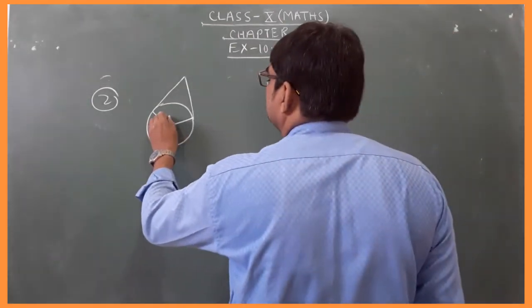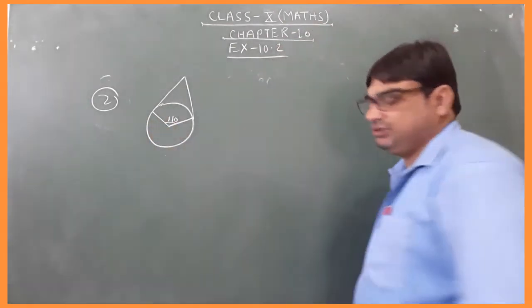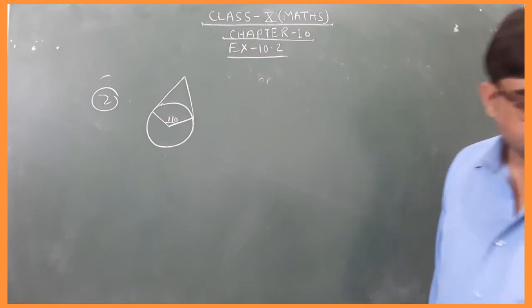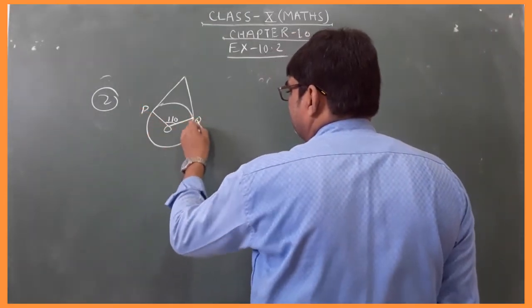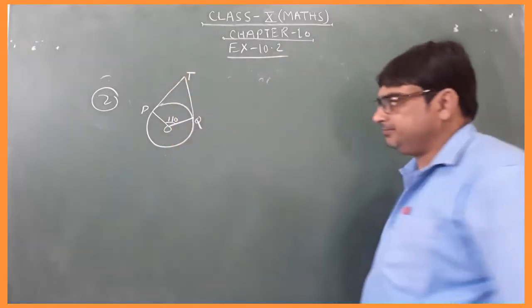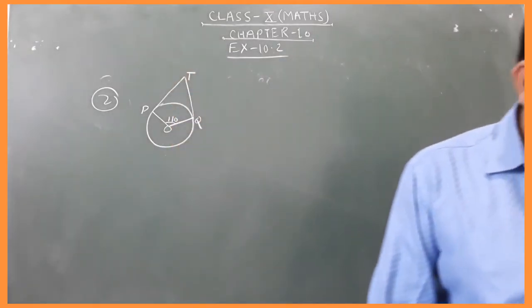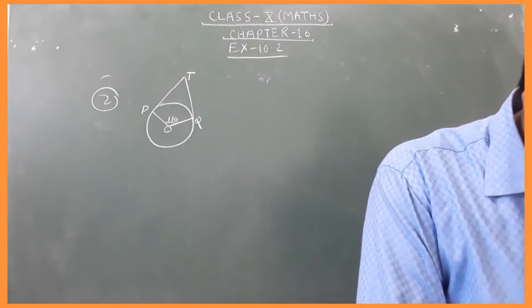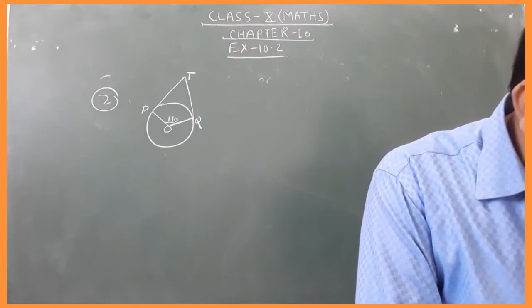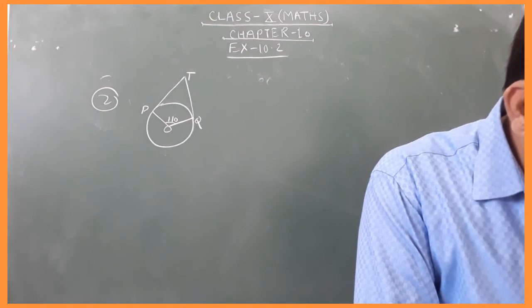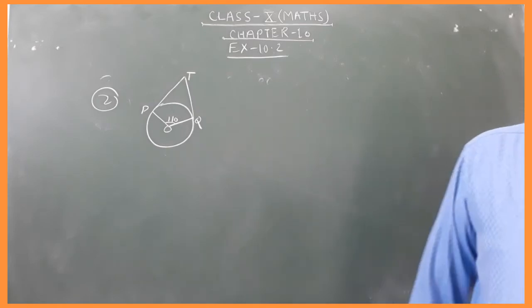Angle POQ is 110. If TP and TQ are tangents to a circle with center O, so that angle POQ is equal to 110.